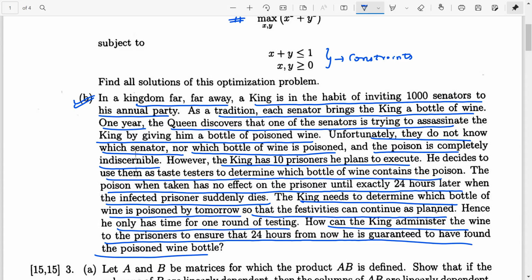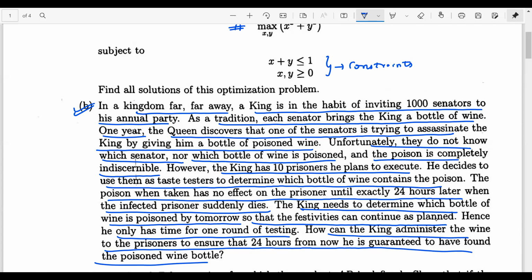Now, how can he distribute those 1,000 wines among 10 prisoners so that he comes to know 24 hours from now, from the death of one of the prisoners, which wine was poisoned? Okay, so somewhat it's like a function. If you look at the question, it's like a function with domain and codomain. So let's come to the whiteboard and let's solve this question.